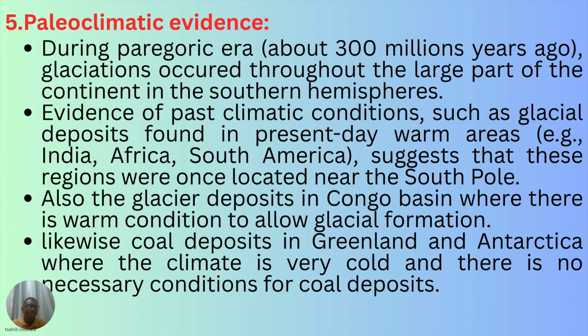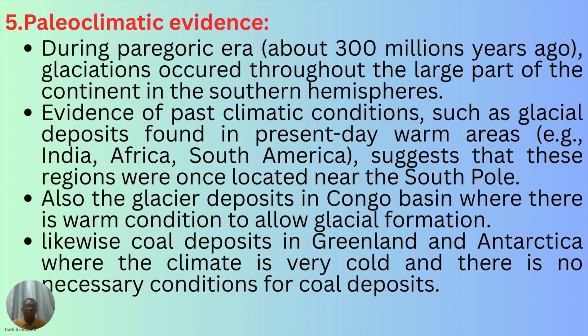Likewise, another example of this paleo-climatic evidence is the coal deposit in Greenland and Antarctica, where the climate is very cold, and this climate does not support the existence of coal deposits in those areas.